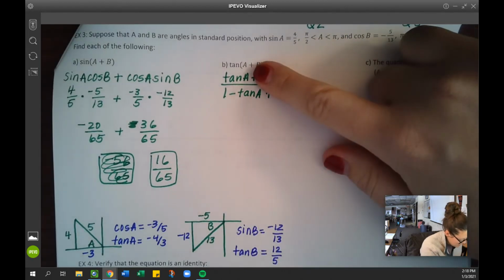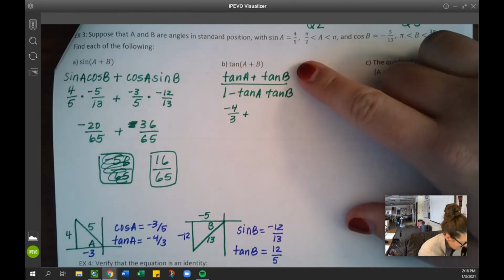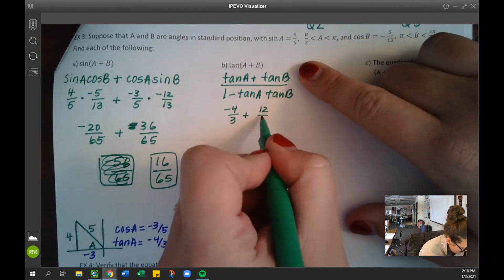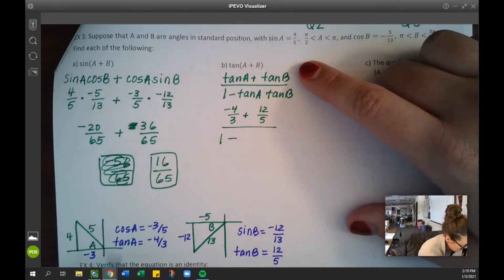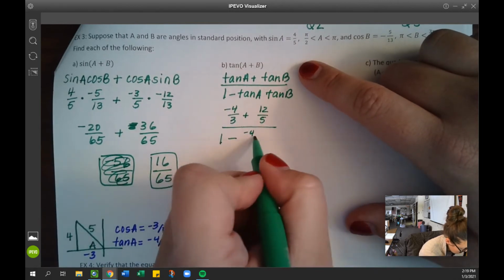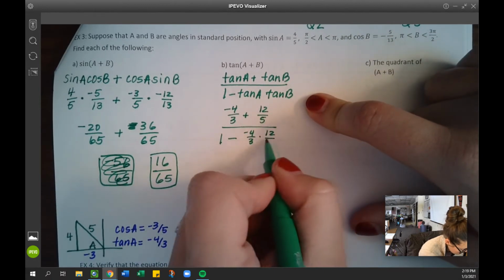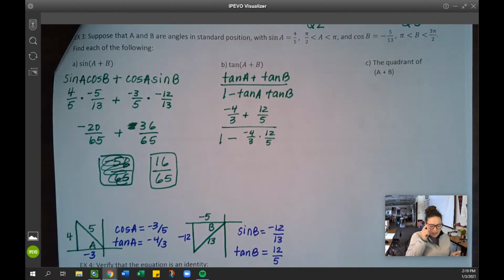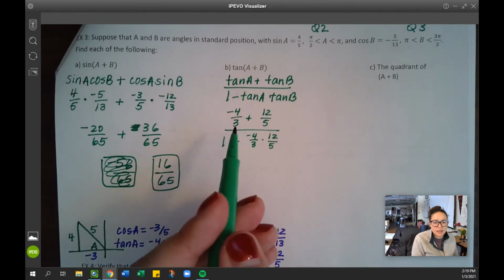Plug them in. Tangent A is -4/3 plus tangent B is 12/5, over 1 minus tangent A times tangent B. So all of that is plugged in. Now to simplify this, I'm going to have to get a common denominator on the top.